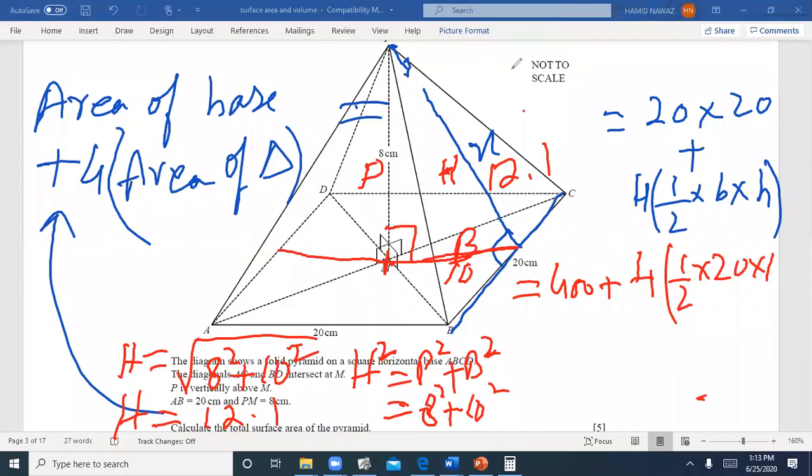Now let me calculate the total area. It is 12.1. Ji beta, is it clear or should I explain it quickly again?